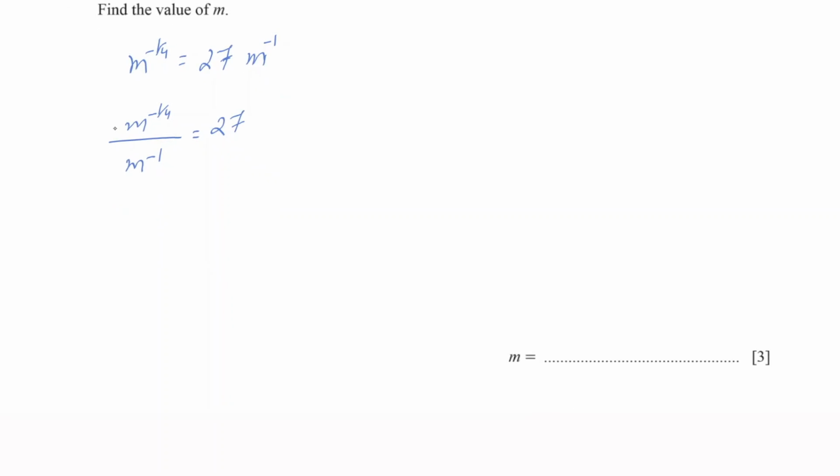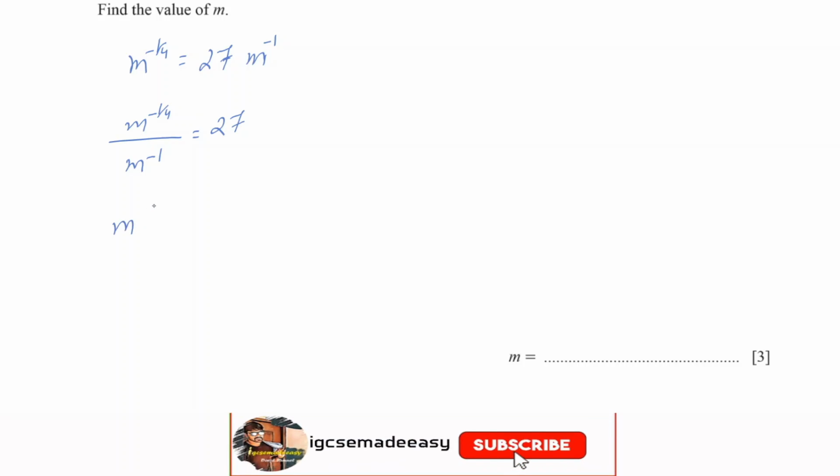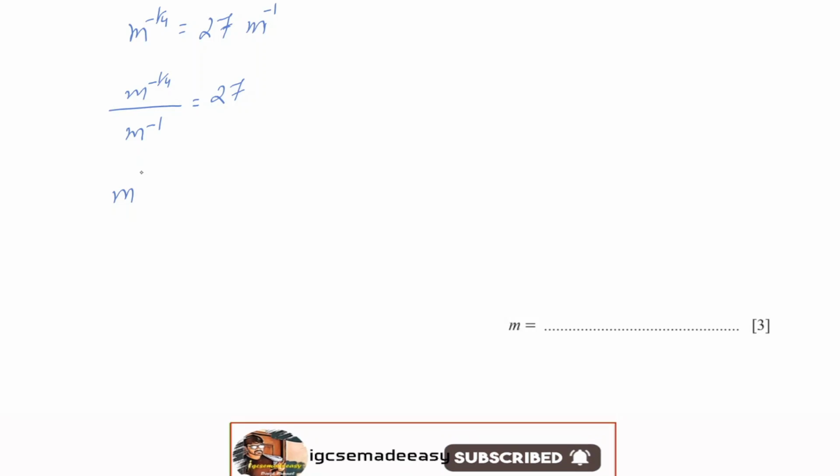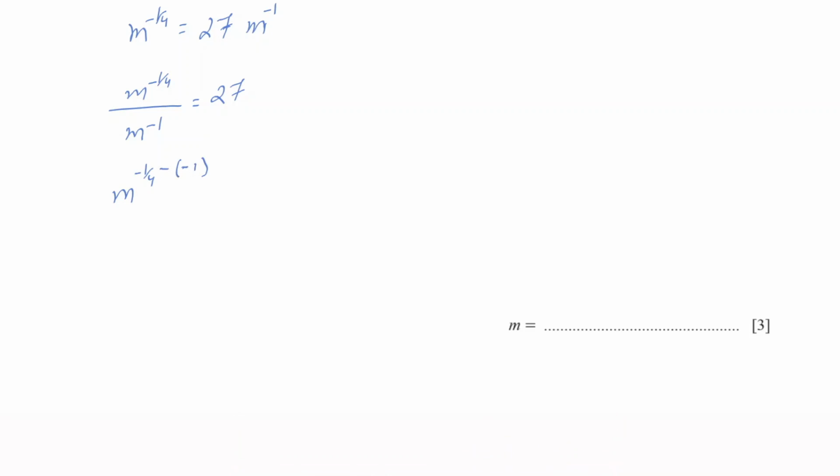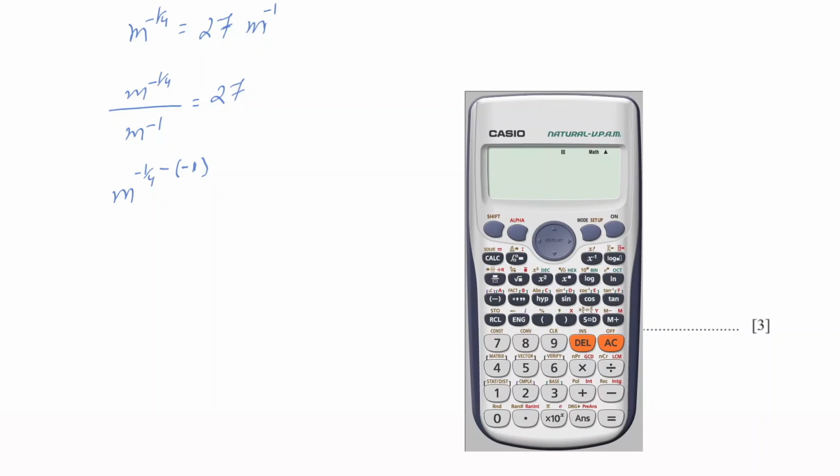We know that these both are in division right now. In division, when the bases are the same, we have to subtract the powers, right? So let's subtract the powers keeping the common base. Minus 1 by 4 minus of minus 1. Let us use our calculator for subtracting the powers.